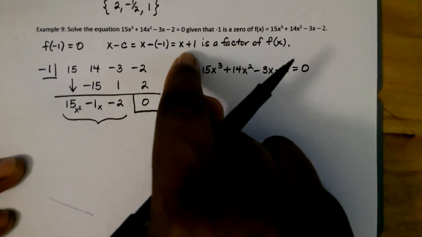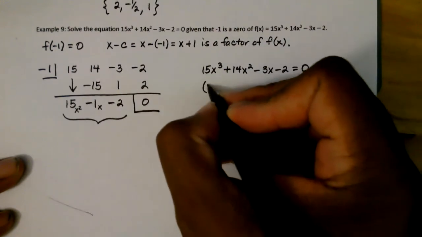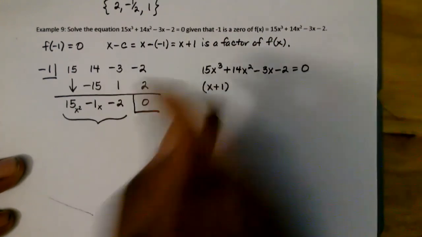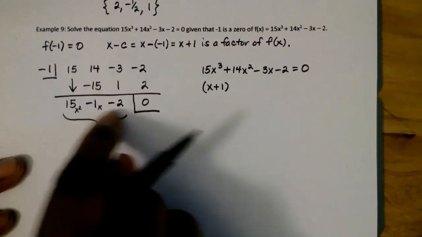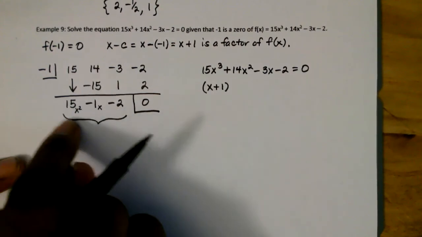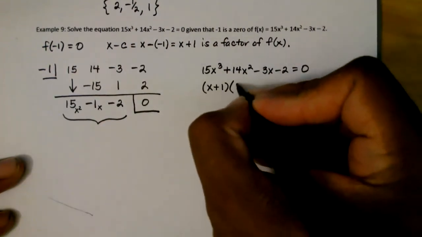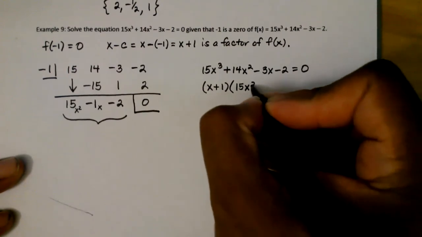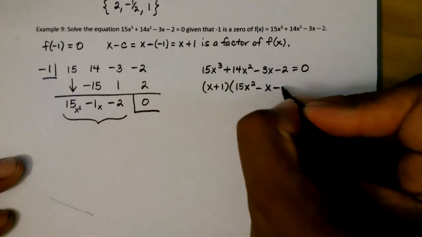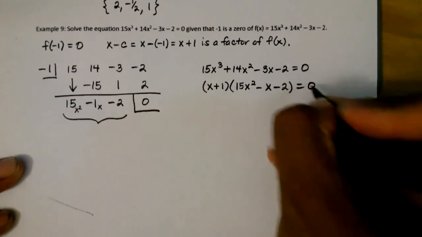One of the factors is x plus 1, so I'll write that down. And the other factor of the function is right here. That's 15x squared minus 1x, so just x, minus 2 equal to 0.